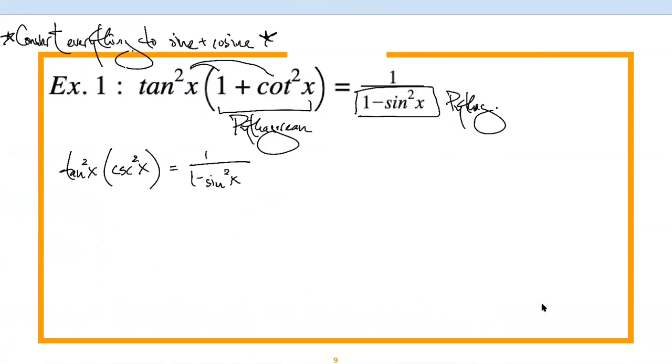Now that we've used the Pythagorean identity, I'm going to say, let's use the other strategy of converting everything to sine and cosine, okay? And by everything, I mean the things on the left-hand side. So another way to write tangent squared is sine squared over cosine squared. And what's another way to write cosecant squared?